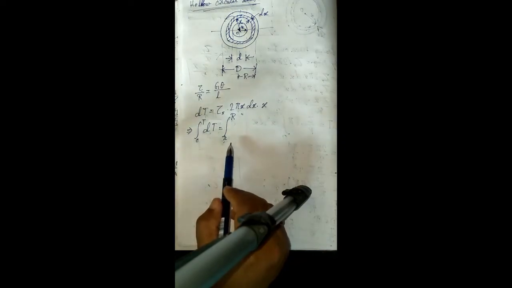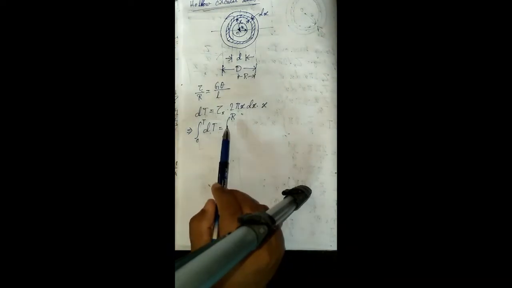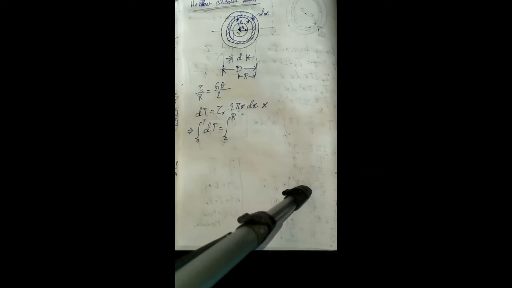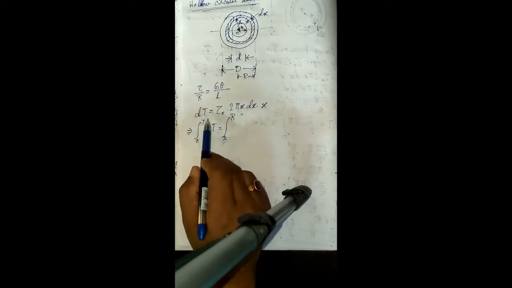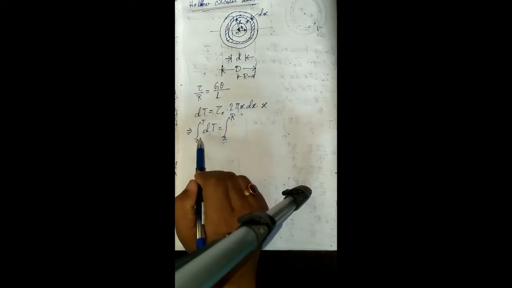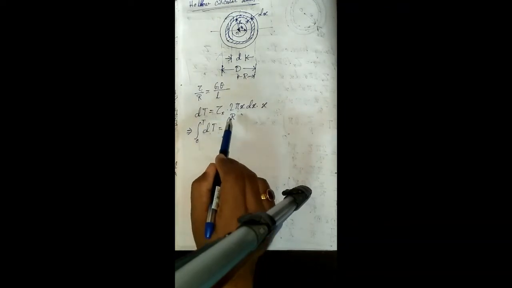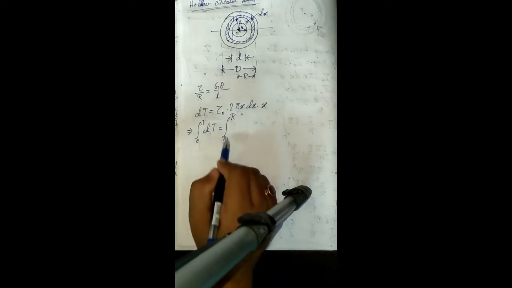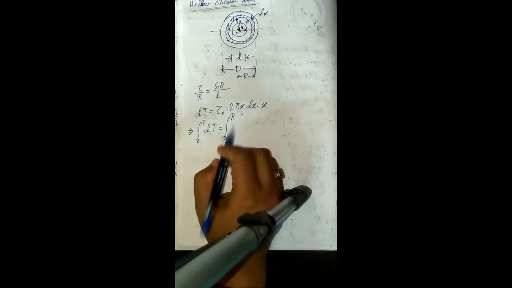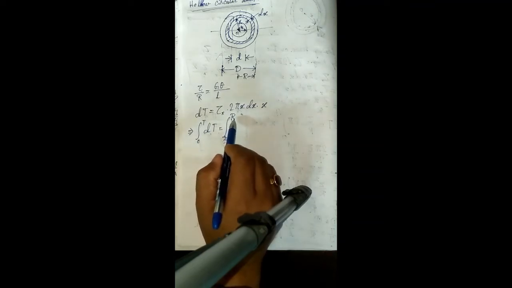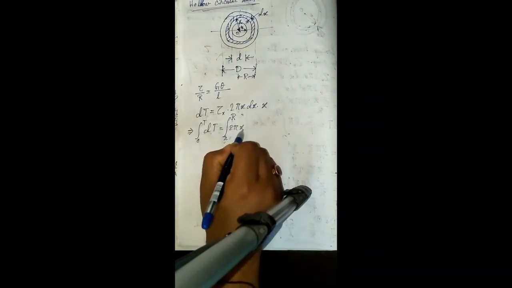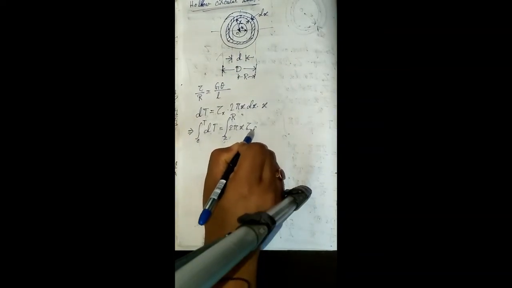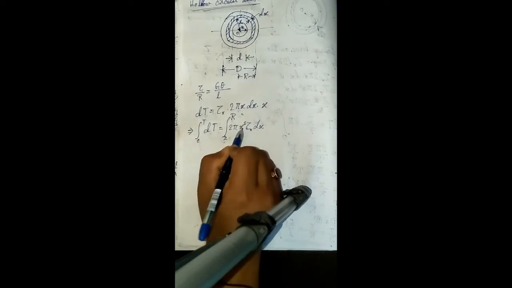So on the right-hand side the limits are small r to capital R, of 2 pi x tau x dx, sorry, x square.